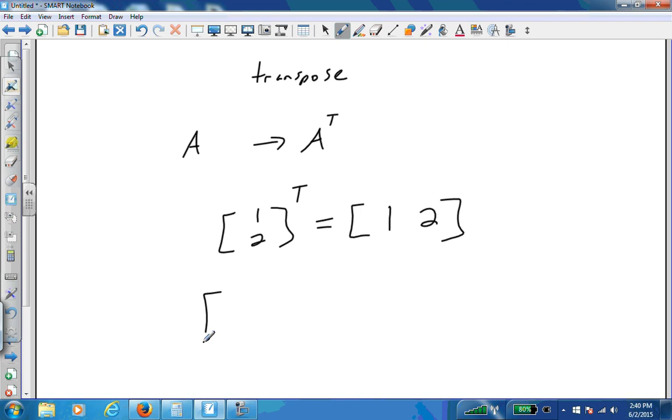You can do that with larger matrices. Let's do 1, 0, 2, 1, 3, 0. If we transpose that, the first row becomes the first column. The second row becomes the second column.